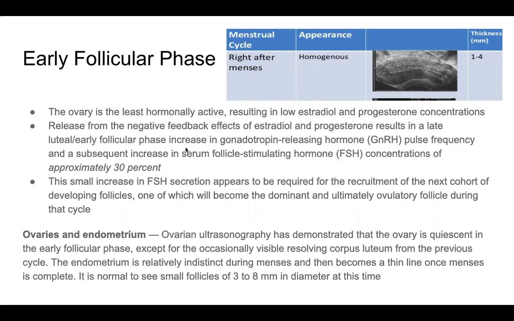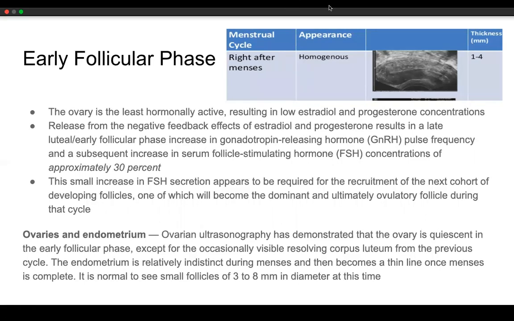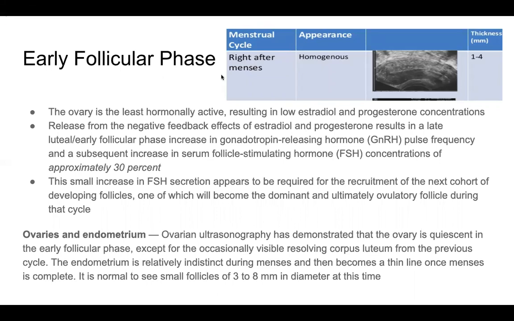So like I said, not going to read all this, but what I did want to go over is what the ultrasound evidence has shown us in each phase of this cycle. So just to go over the early follicular phase, the very beginning, ovarian ultrasound has demonstrated that the ovary is quiet in the early follicular phase, except occasionally when you can visualize a resolving corpus luteal cyst from the previous cycle.